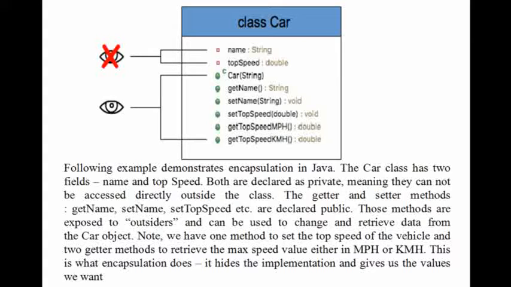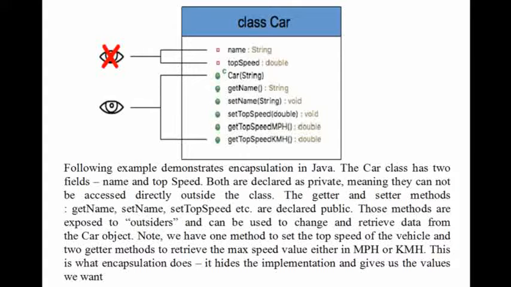The getters and setters, getName, setName, setTopSpeed, etc., are declared public. These methods are exposed to outsiders and can be used to change and retrieve data from the car object.